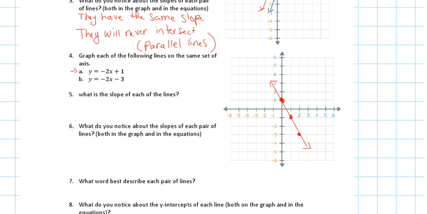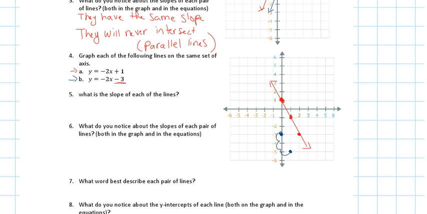How about the second one? Where do I start? What's my y-intercept? Negative 3, right? So my y-intercept is at negative 3. And then you go down 2. Down 2 over 1. Now I can't fit another point. Can I fit another point if I go up?